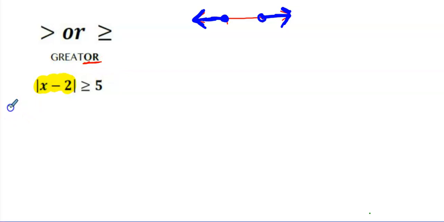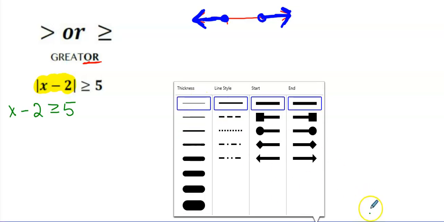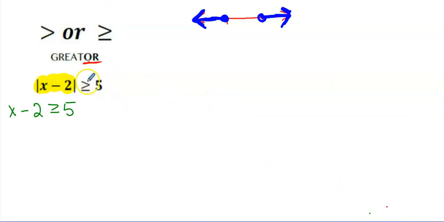So we're just going to rewrite everything and take it out of the absolute value bars. x minus 2 is greater than or equal to 5. For the negative inequality, we're going to reverse the symbol and change this to a negative. So the only thing that changes from the equations is reversing the symbol, because you can't reverse an equals. Okay, so x minus 2 is less than or equal to negative 5.